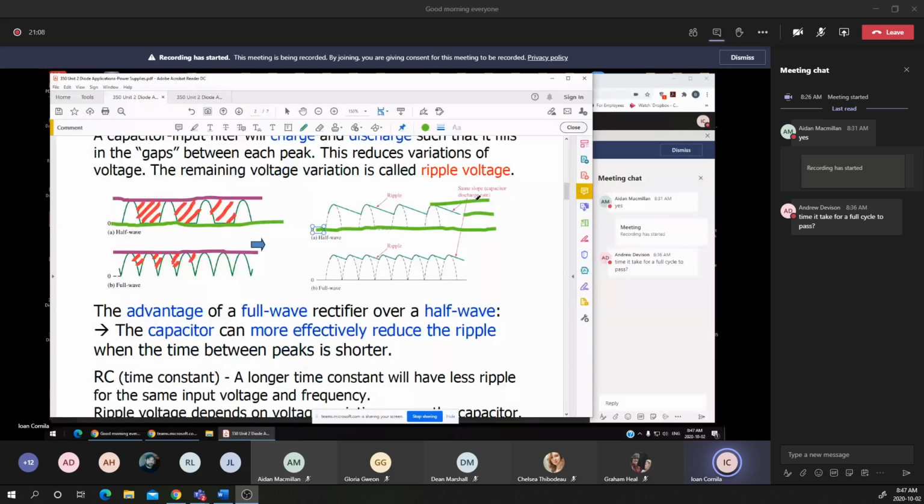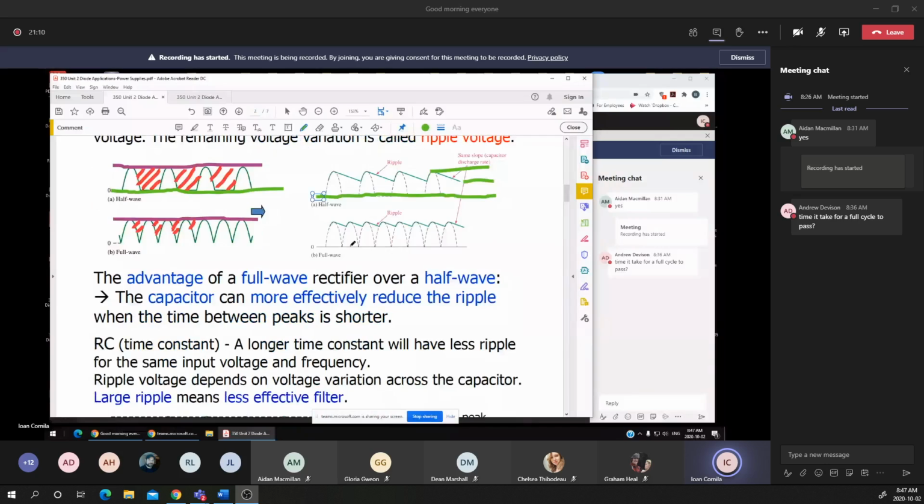Now, the main difference between the full wave and half wave rectifier: for the half wave rectifier, the capacitor has to compensate a pretty long period of time, actually the area underneath when the voltage is zero.